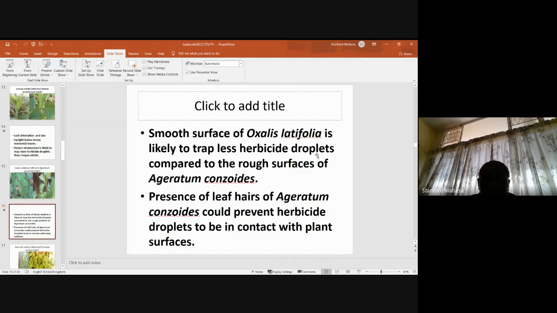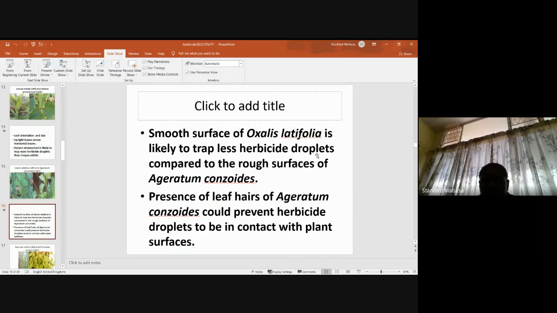It is likely that the smooth surface of Oxalis latifolia will trap fewer herbicide droplets compared to the rough surfaces of Ageratum conyzoides. The presence of leaf hairs on Ageratum conyzoides could prevent herbicide droplets from coming into contact with the plant surfaces.